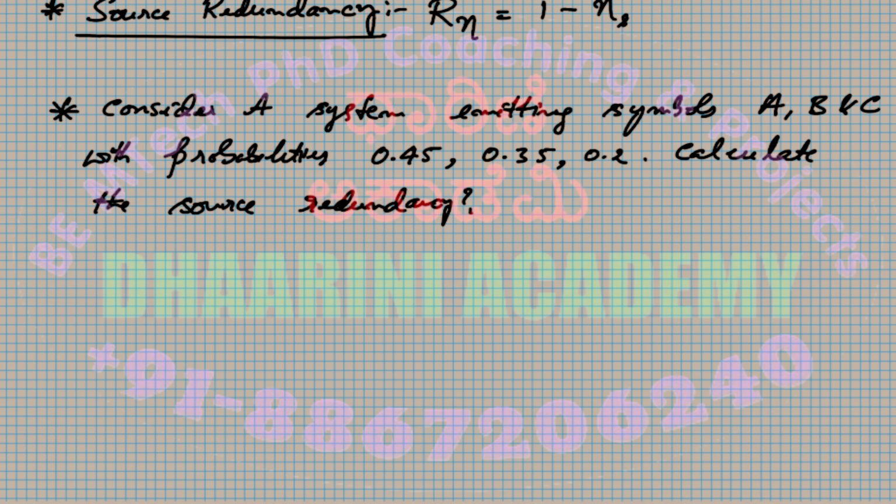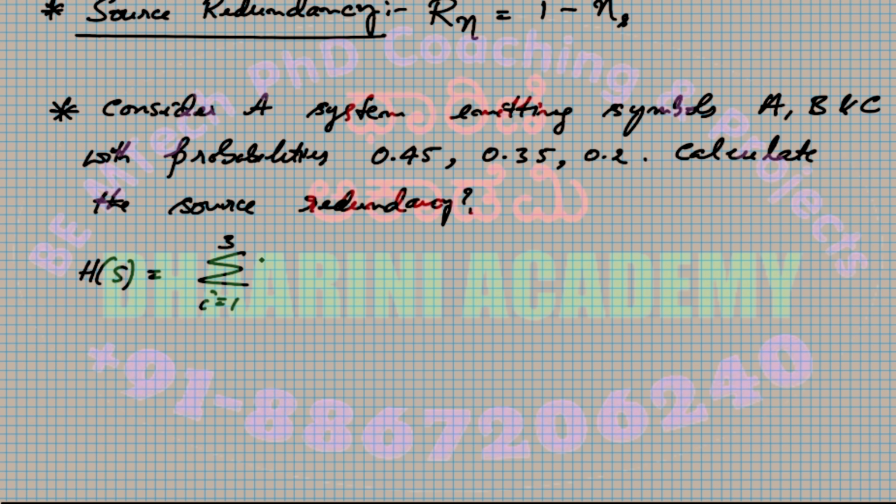For efficiency, we need the maximum entropy and the actual entropy. Correct? So let's start with the entropy of the system. That is H(S) equals summation i equals 1 to 3, there are 3 different symbols, p_i log to the base 2 of 1 by p_i.